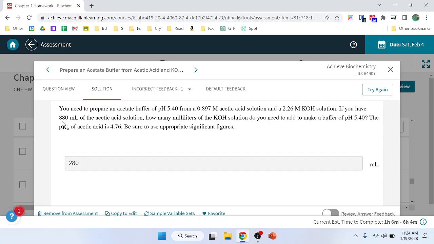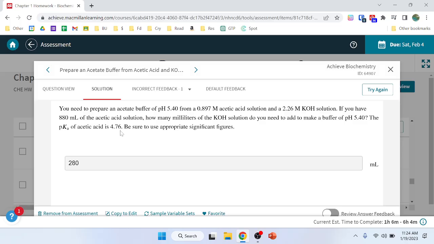So if you have 880 milliliters of the acetic acid, how many milliliters of KOH solution do you need to add to make a buffer of pH 5.4? The pKa of acetic acid is 4.76. By the way, this is just repeating this data, right? Be sure to use the appropriate significant figures.